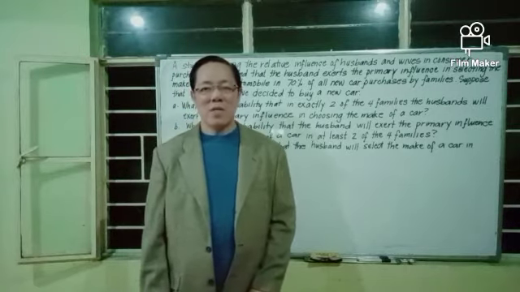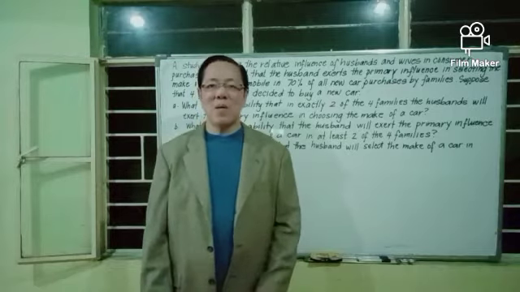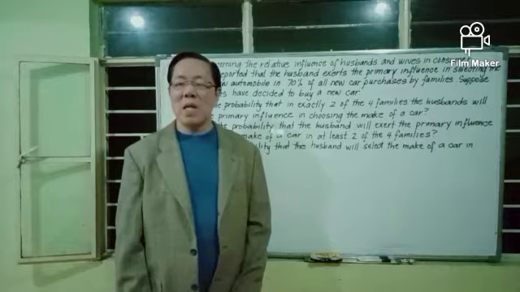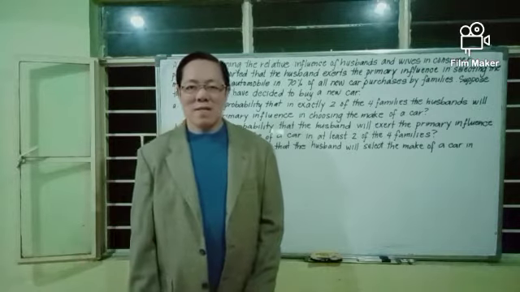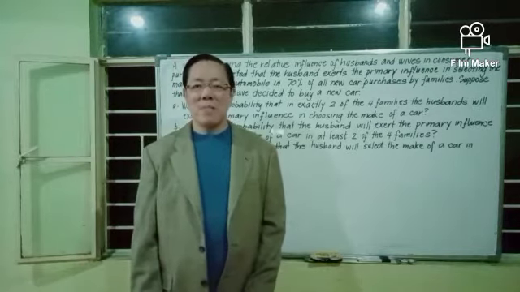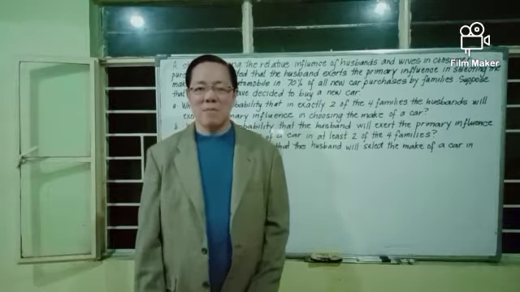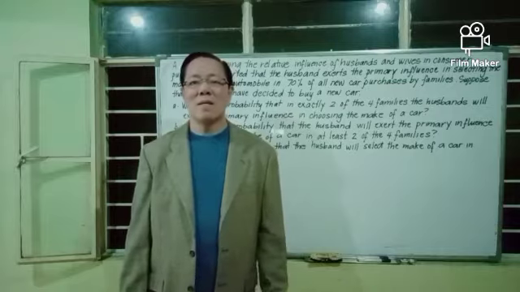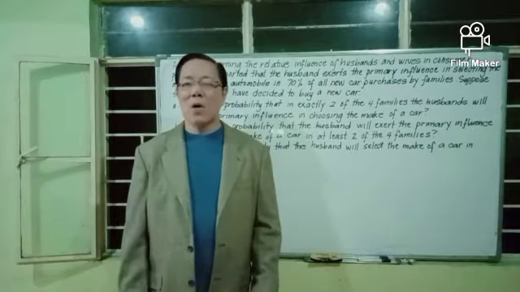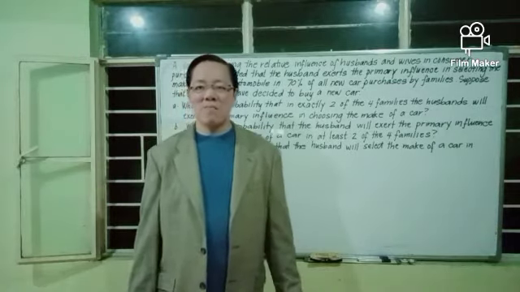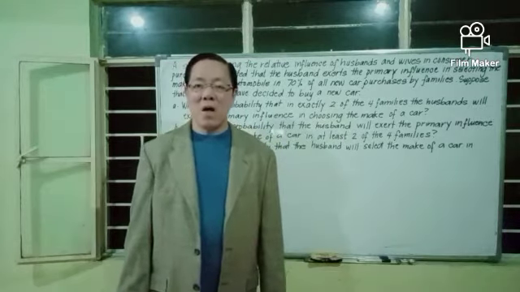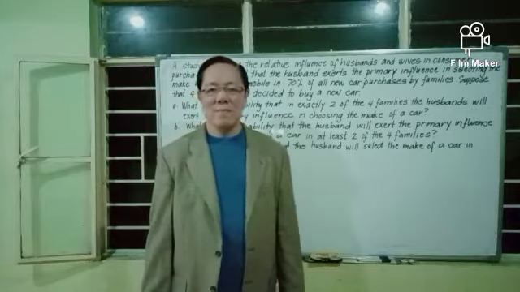And in letter B, we are asked to find the probability that at least 2 of the 4 families will have the husbands decide for the make of a new car to buy. And in letter C, we want to find the probability that exactly 4 or all of the 4 families will have the husbands decide for the make of a new car to buy.